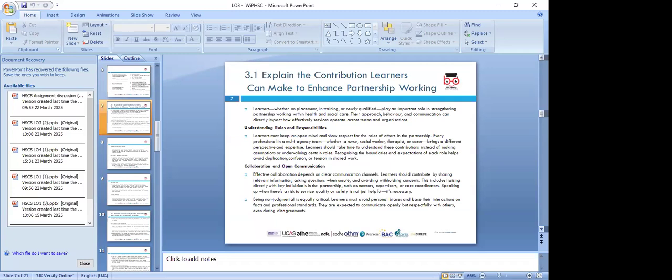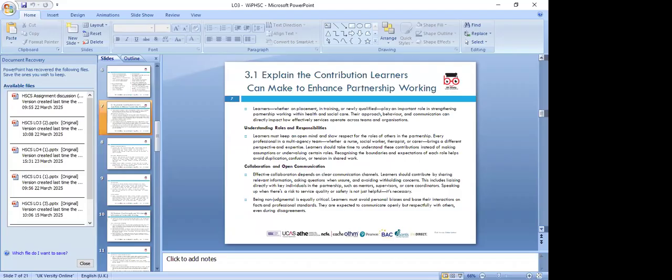Collaboration and open communication. Effective collaboration depends on clear communication channels. Learners should contribute by sharing relevant information, asking questions when unsure, and avoiding withholding concerns. This includes liaising directly with key individuals in the partnership, such as mentors, supervisors, or care coordinators.